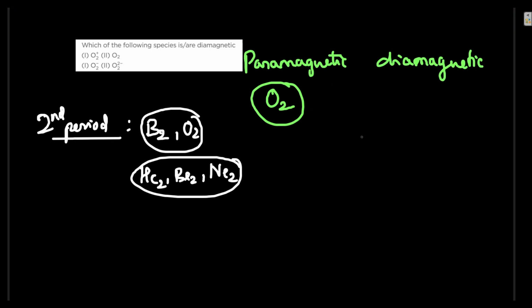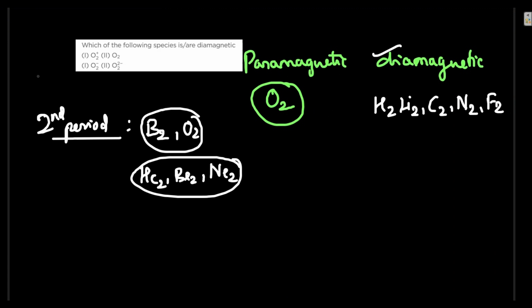Apart from these, whatever there are, H2, Li2, H2 is first series anyway, no problem, Li2, C2, then O2 is already there, N2, F2, these all will be diamagnetic.